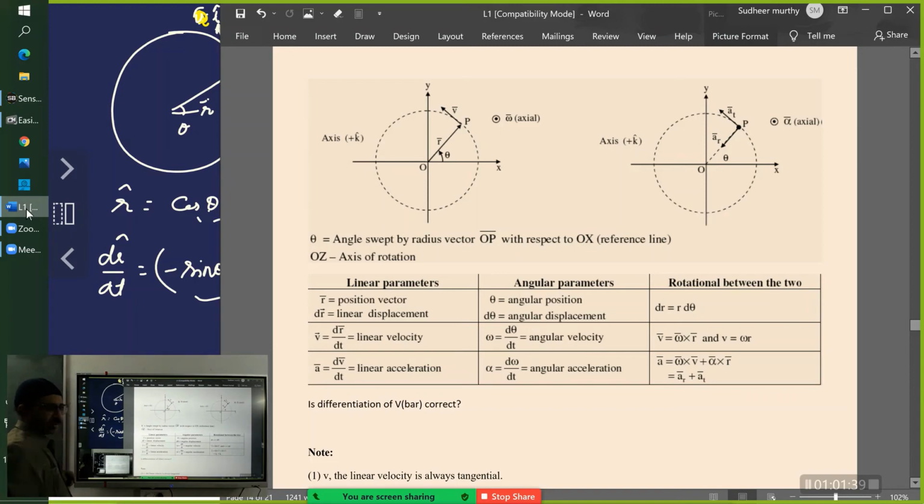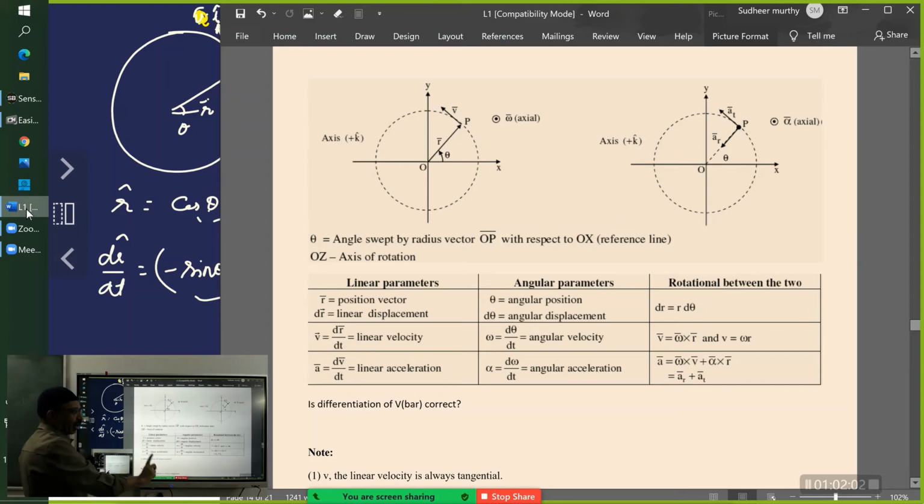This is the circle. V bar is up, and R bar is this. So V bar cross R bar will give you omega bar this side, towards it.